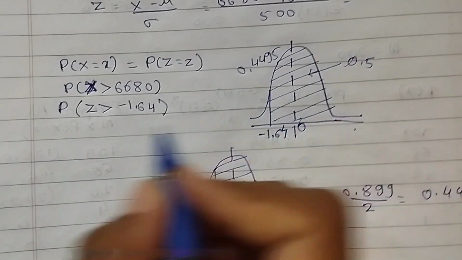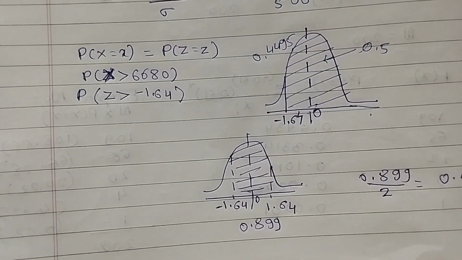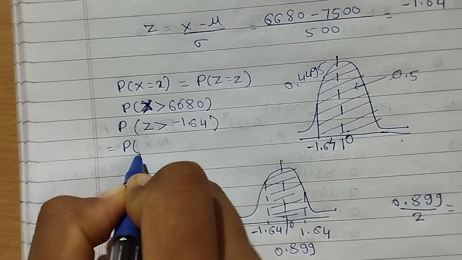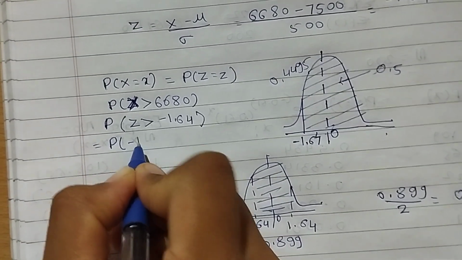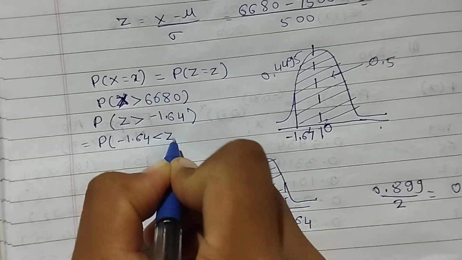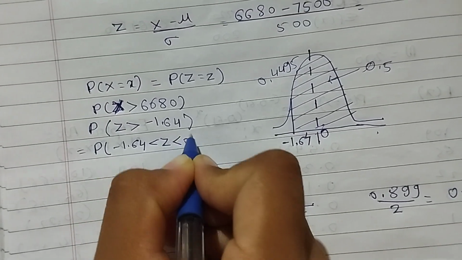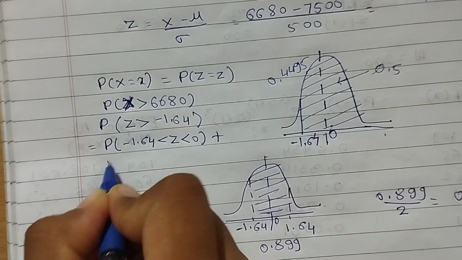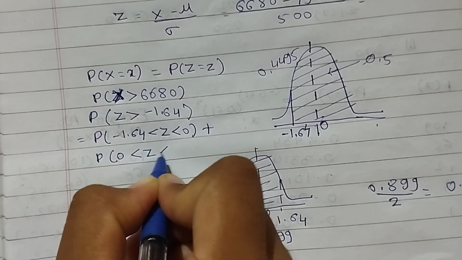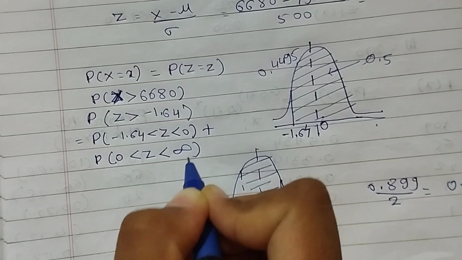And if we want to write it technically, then we write P of minus 1.64 less than Z less than 0 plus P of 0 less than Z less than infinity.